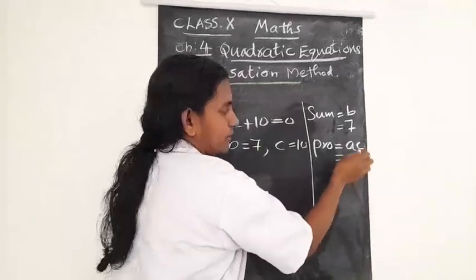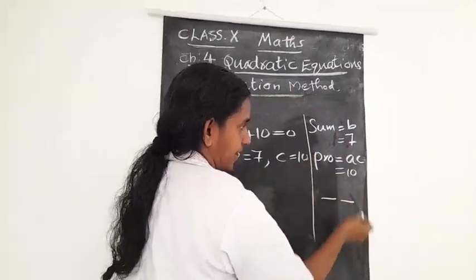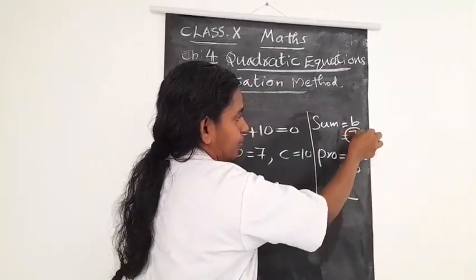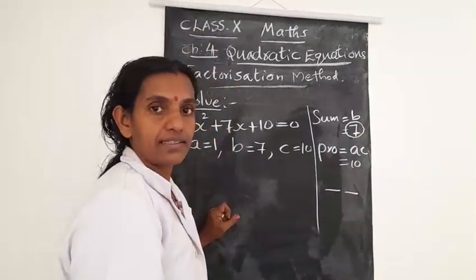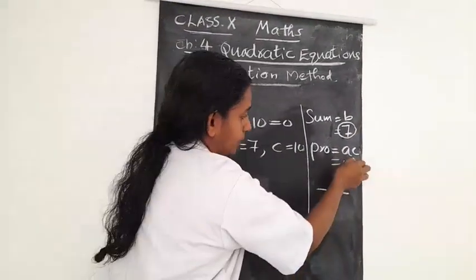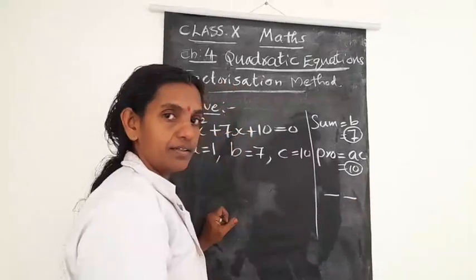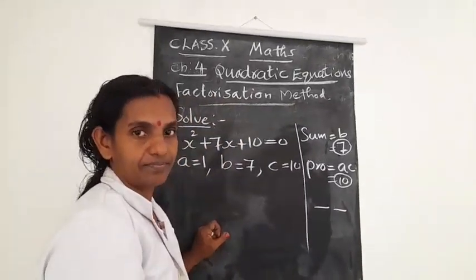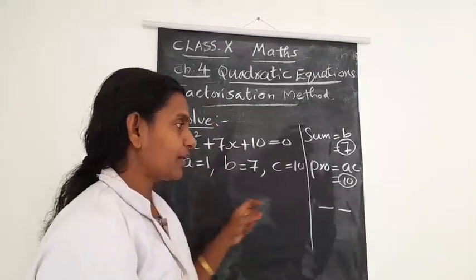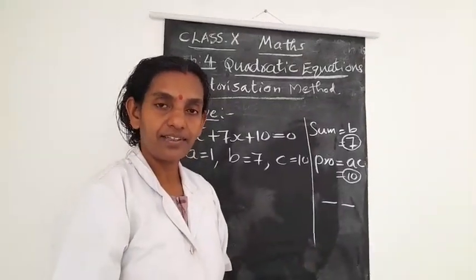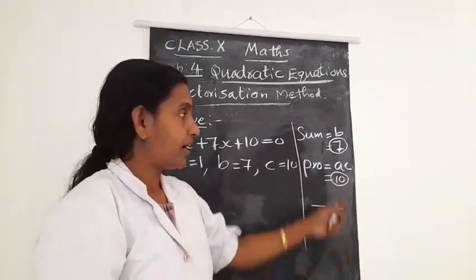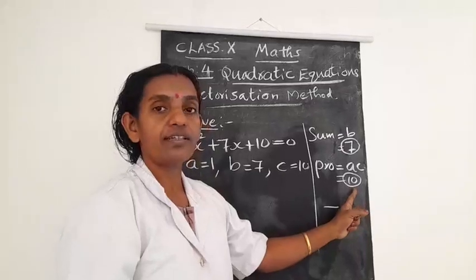So we need to select two numbers such that when we add these two numbers, the sum is 7. If you find the product of the numbers, you have to get 10. Okay, so can you say such numbers? Can you select such numbers having their sum 7 and product 10?